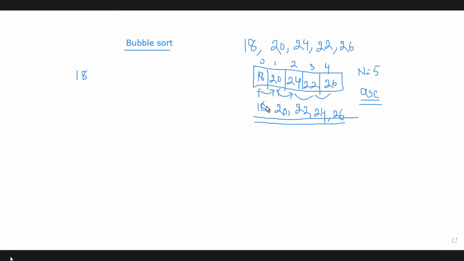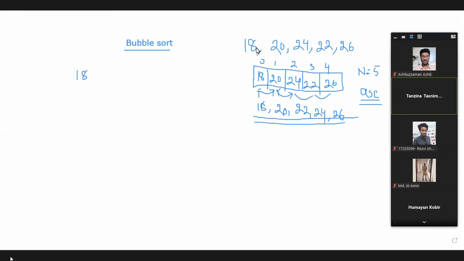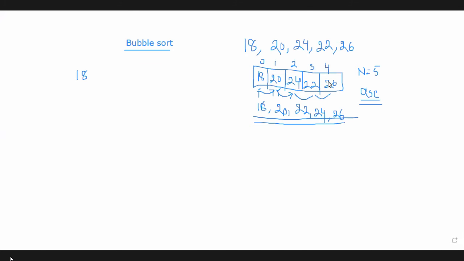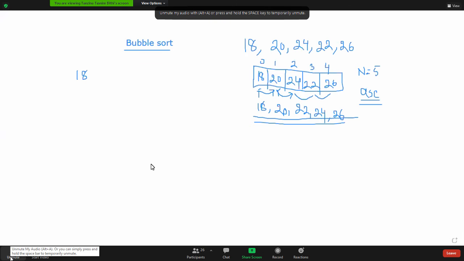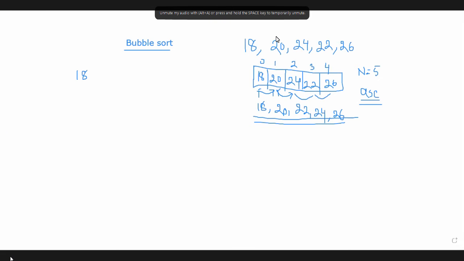So how many steps or comparisons do we actually need for sorting 5 data elements? In this array, the number of elements is 5, right? Four comparisons each pass, very good. We actually need multiple comparisons here, not just 4.